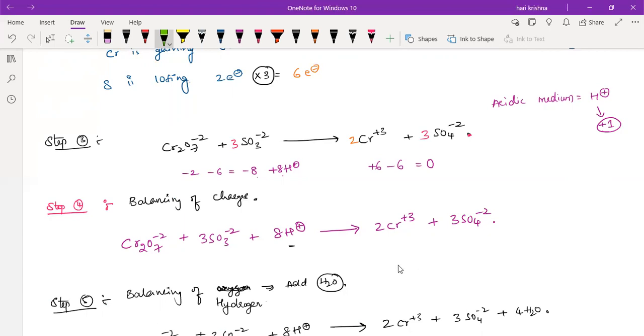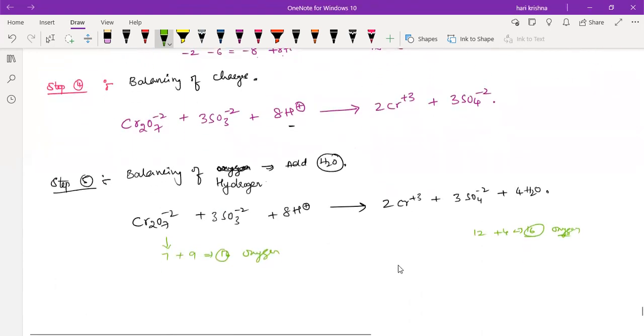The last step is the balancing of water. Sorry, balancing of hydrogen. So to balance the hydrogen, we have to add the water molecules. So Cr2O7 minus 2 plus 3SO3 minus 2 plus 8H plus will produce 2Cr plus 3 plus 3SO4 minus 2 plus 4H2O.